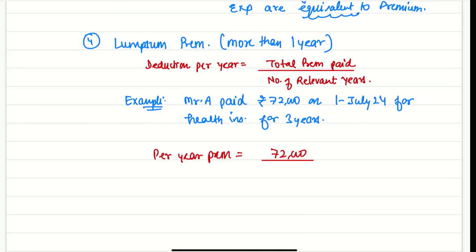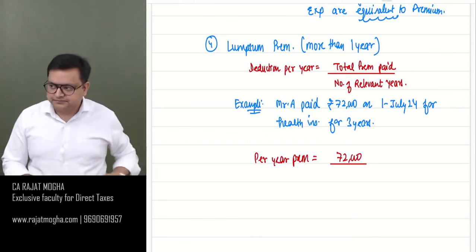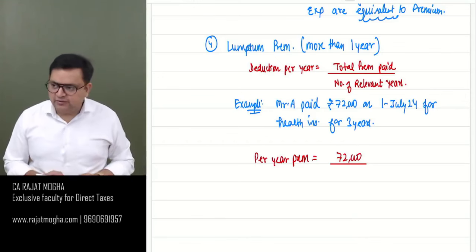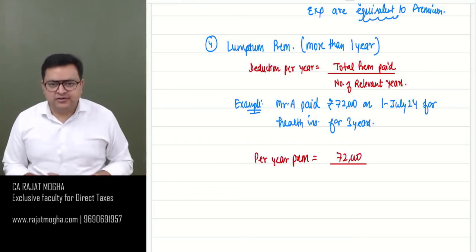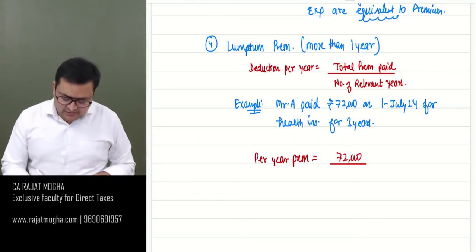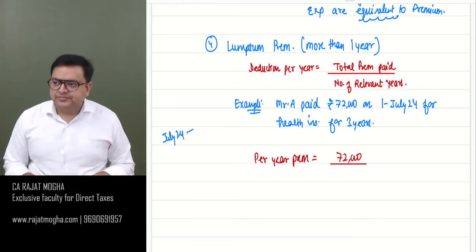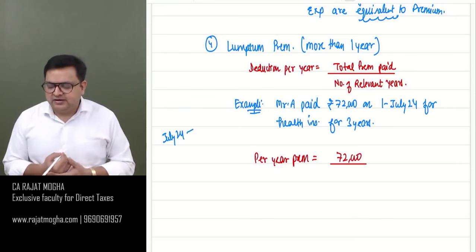If it is for 3 years and he has paid it on 1st July, can you tell me the last date of this policy? When will this 3 years be over? It would be from July 24 till 30th June 27. Correct.